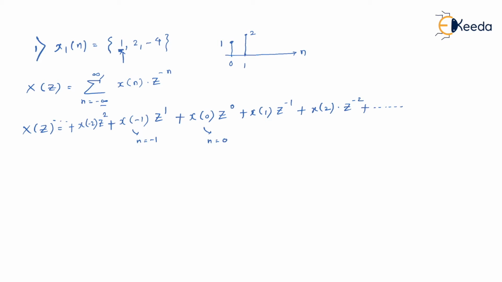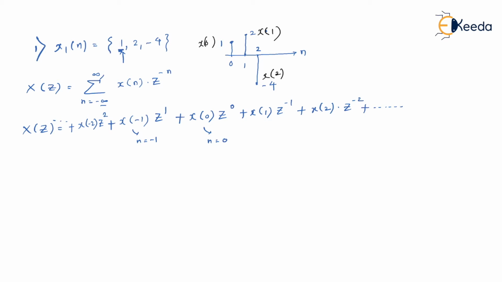And finally at n equal to 2, it has amplitude equal to minus 4. Since it is minus 4, I must draw it downward like this. This is a graphical representation of the given signal x1 of n. So this 1 is nothing but x of 0, this 2 is nothing but x of 1, and finally minus 4 is nothing but x of 2.